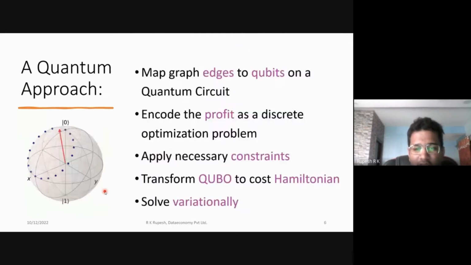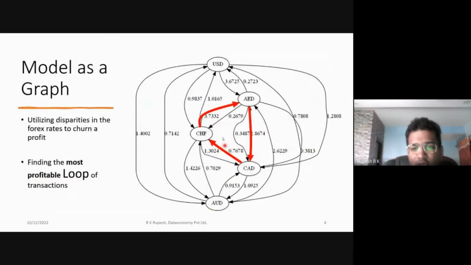Putting this in context, if we take this edge, and call this 0 and this 1, then this connection could be called x_01. Whether or not x_01 is part of the most profitable loop is coded by the binary variable, true or false. We have similar ones for all of them.